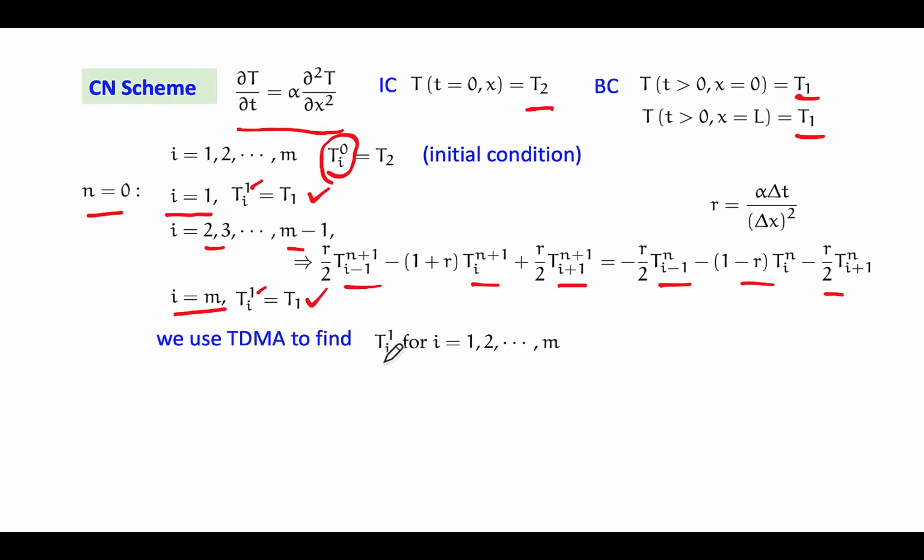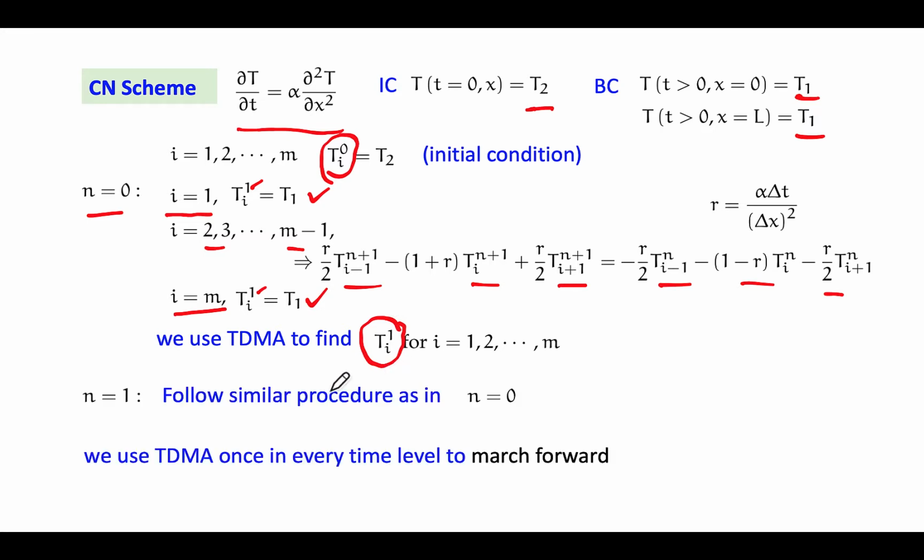We therefore use a tridiagonal matrix solver to get this Ti at one time level. And then, as we did in the implicit problem, we will march in time. The same procedure we will follow, and we will get the solution for n equal to 1.